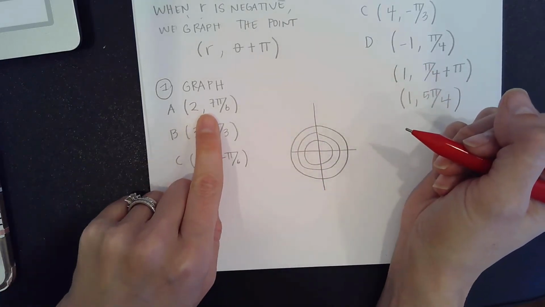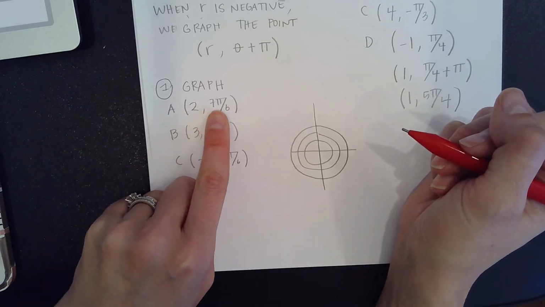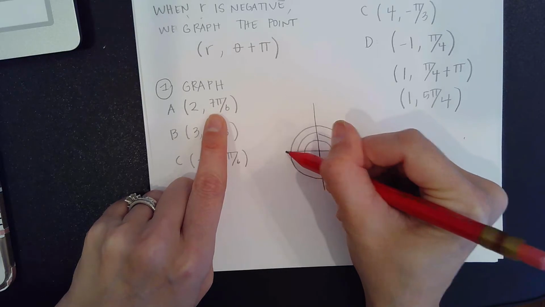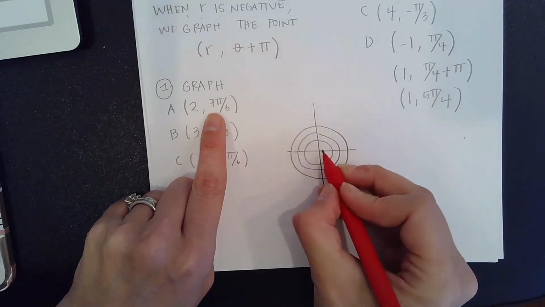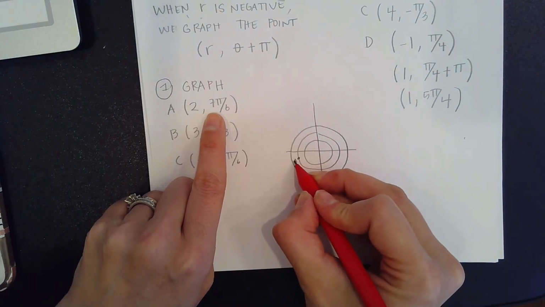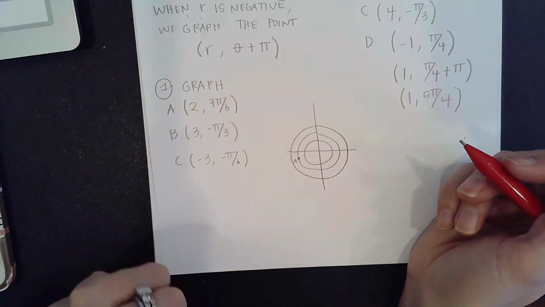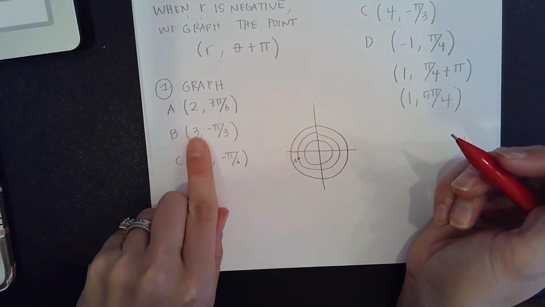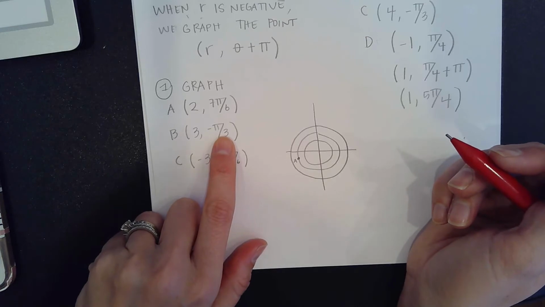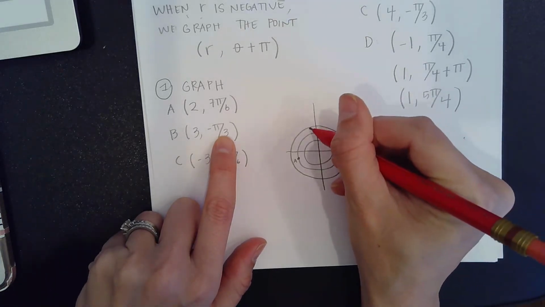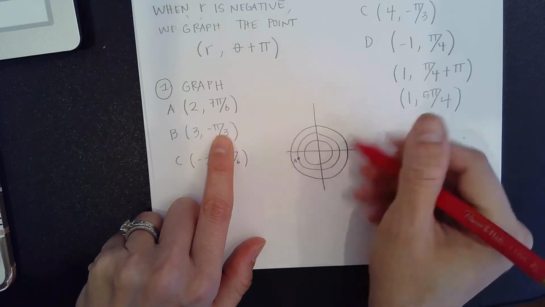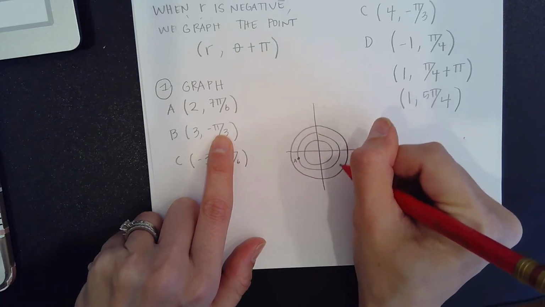So A is (2, 7 pi over 6). Where is 7 pi over 6? This would be 6 pi over 6, so 7 pi over 6 is in this quadrant. There is your A. B is (3, negative pi over 3). It's going to be on the third ring, and negative pi over 3 opens negative, so it's about right here.